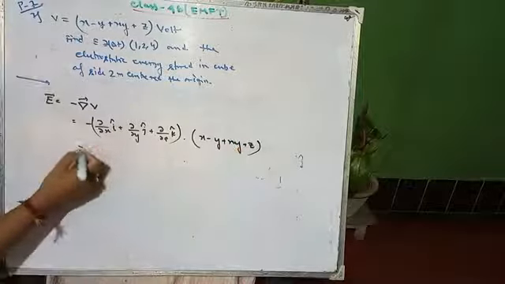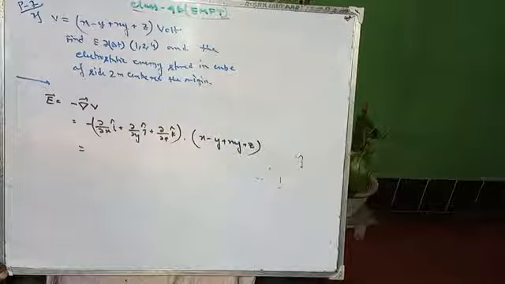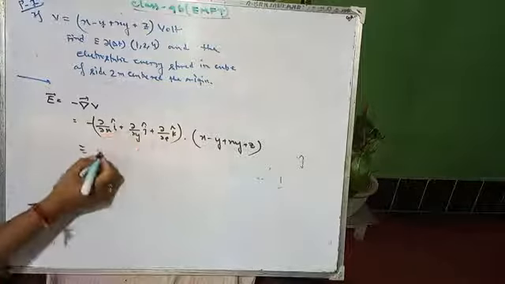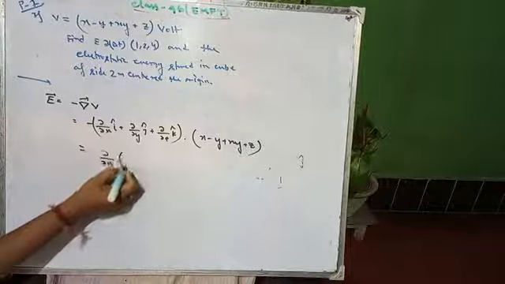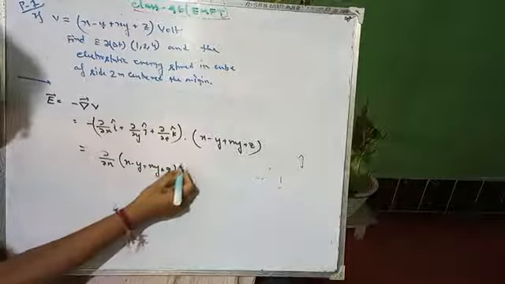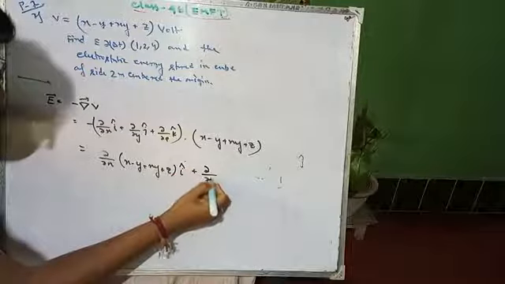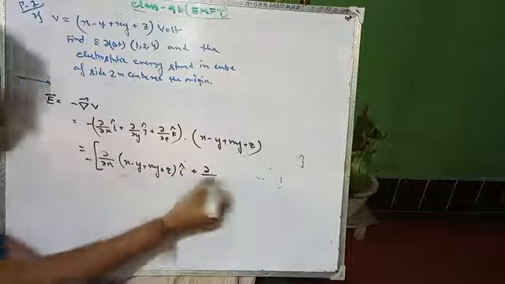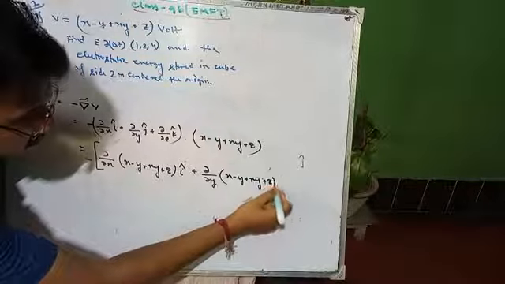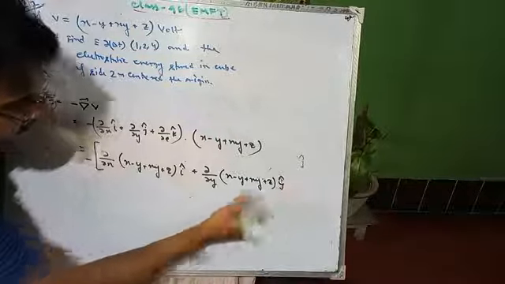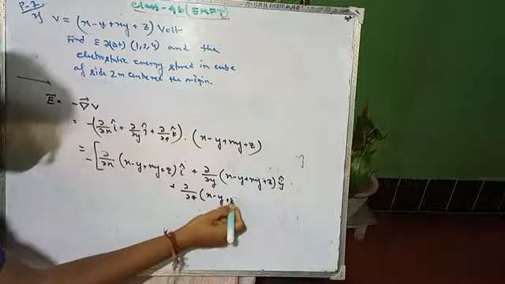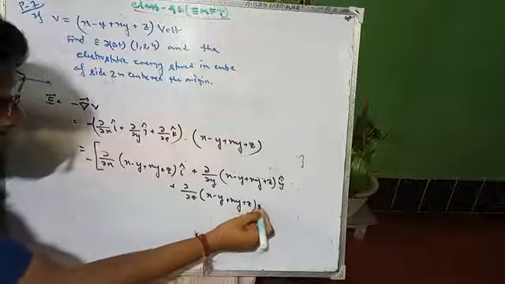Now partially differentiate it with respect to x. So what will be your answer? It will be del x of (x minus y plus xy plus z) i cap, plus del y of (x minus y plus xy plus z) j cap, with the minus sign taken as common, plus del z of (x minus y plus xy plus z) k cap.